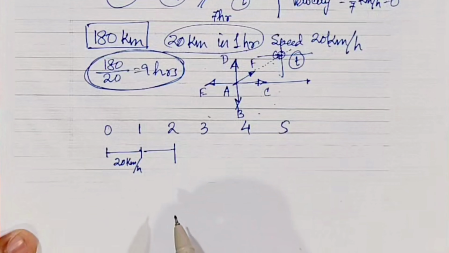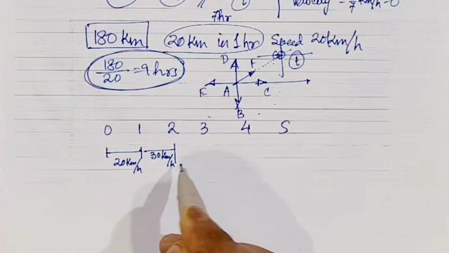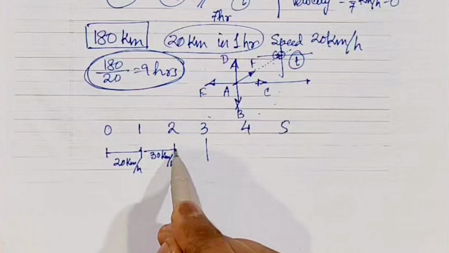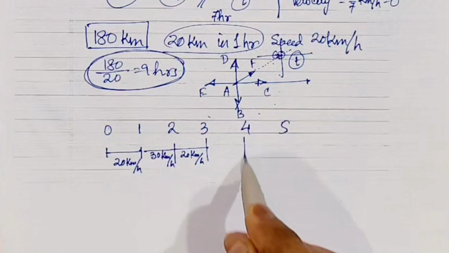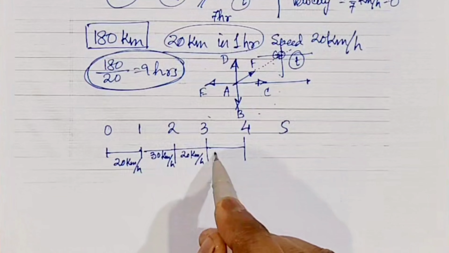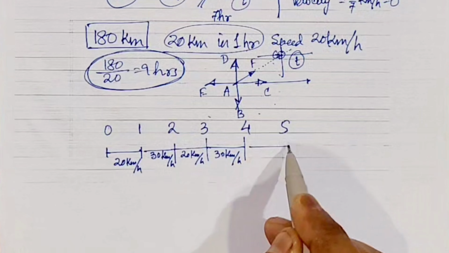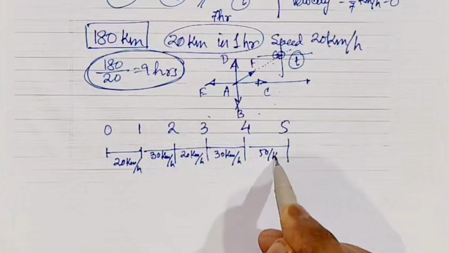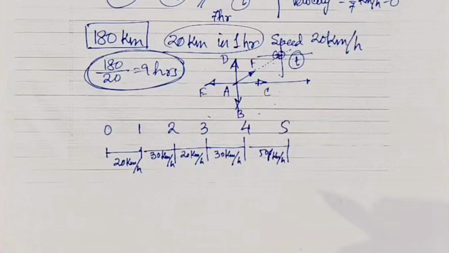From 1 to 2, in the second hour, it has moved with a velocity of 30 kilometers per hour, and so on. I'm just writing down the other 1 hour duration values here. And in the 4th to 5th, the last 1 hour, it has moved at 50 kilometers per hour.